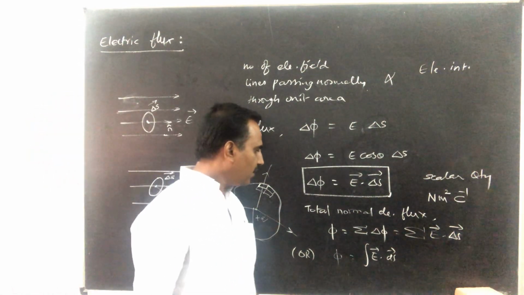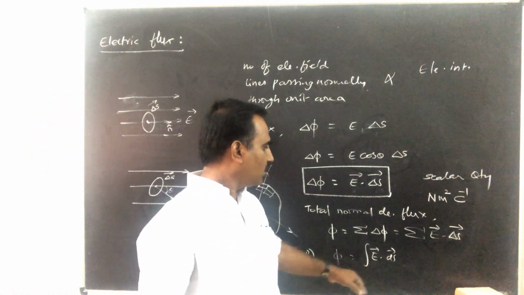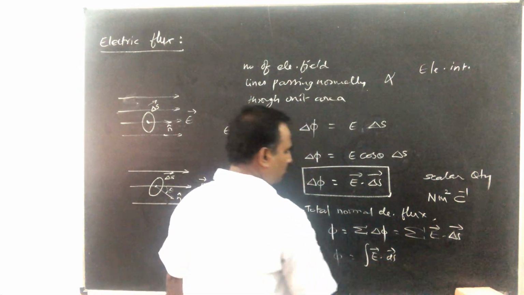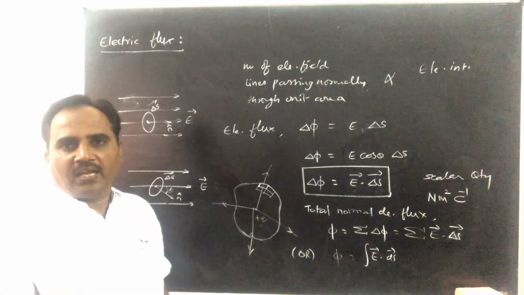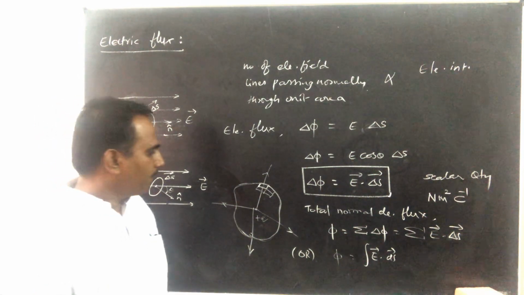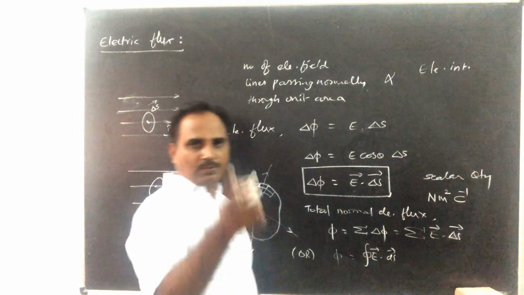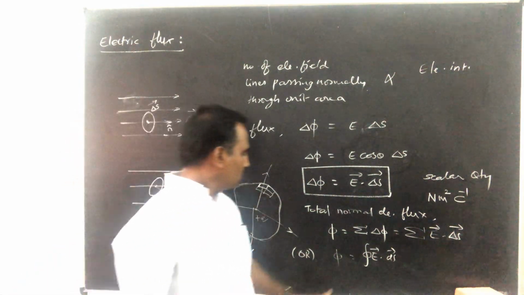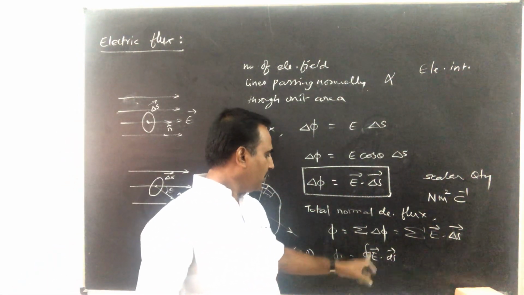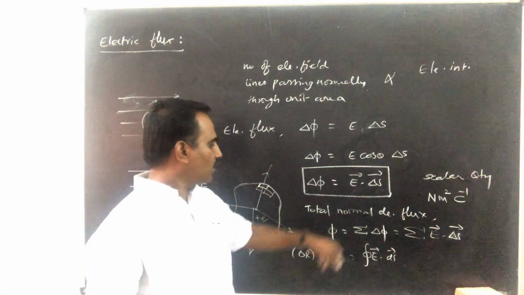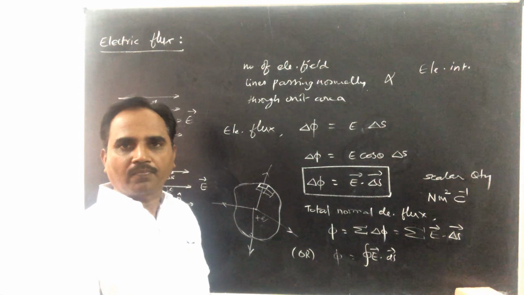So in the integral form, you can write like this, and this area may be a closed area or an open area, whatever it may be. But usually it must be a closed area. So phi is equal to integral E dot dS. This is the expression for total normal electric flux.